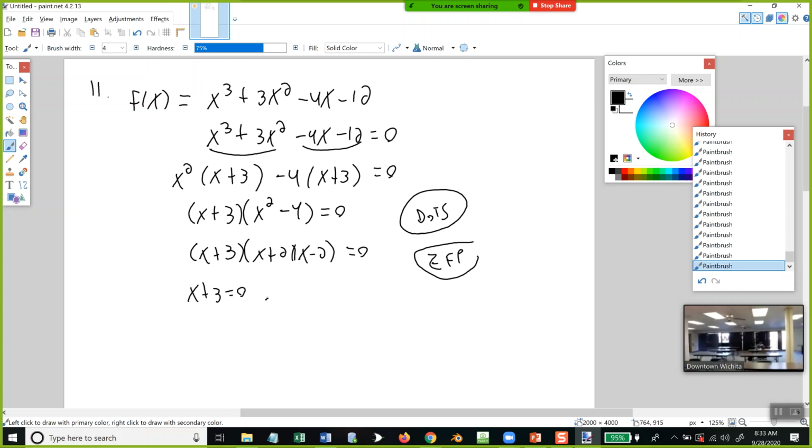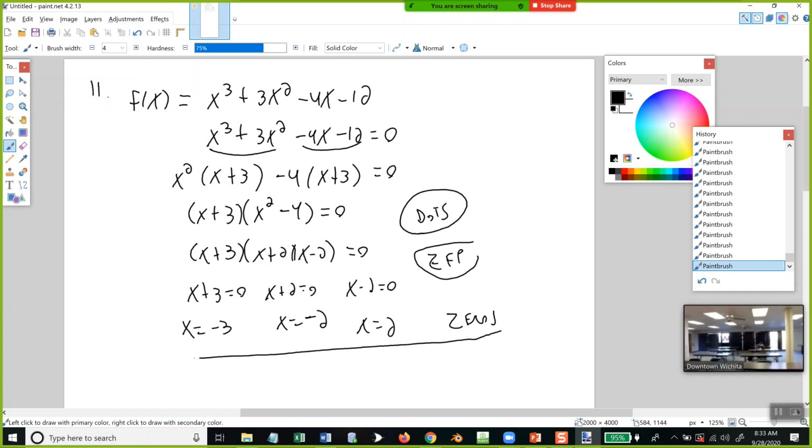So x plus 3 equals 0, x plus 2 equals 0, x minus 2 equals 0. So we get negative 3, negative 2, positive 2. And those would be our zeros.